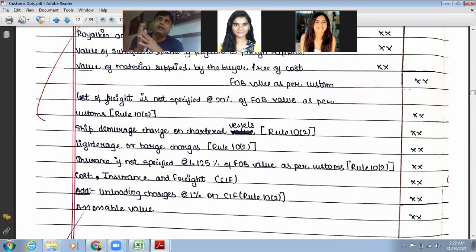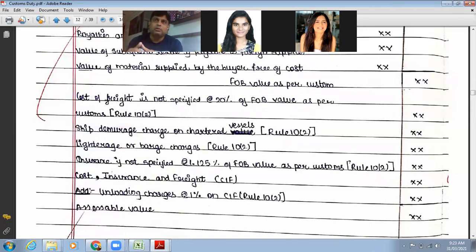But suppose in that we require some additional charges to be incorporated, such as drawing charges or some kind of royalty, license fees. As per Rule 10(1) those should also be added, and that will be the FOB price for customs as per the customs rule.